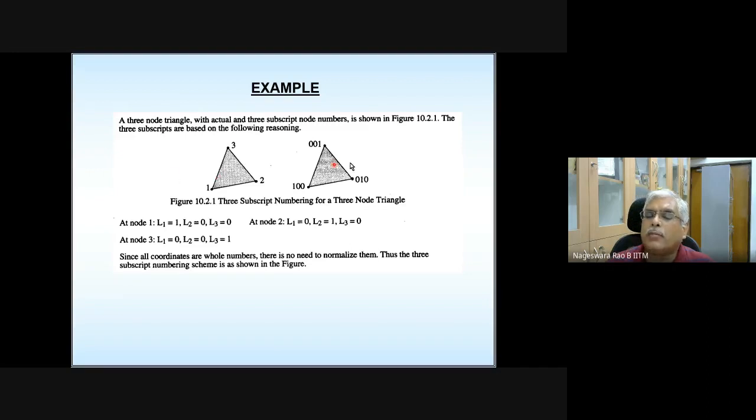And please note that by doing this exercise, we have not done anything extra, in the sense whatever 3-node triangular element we studied earlier, we just got the same shape functions by using this method. But the real advantage of this method is if we go and try to apply this for higher order triangular elements to determine the shape function expressions.